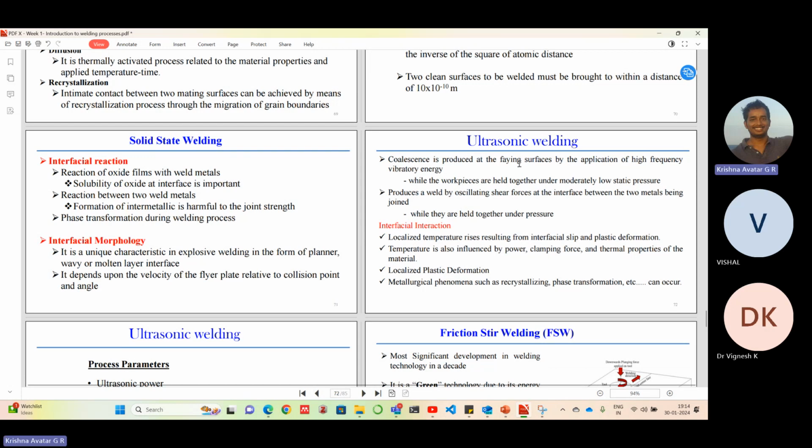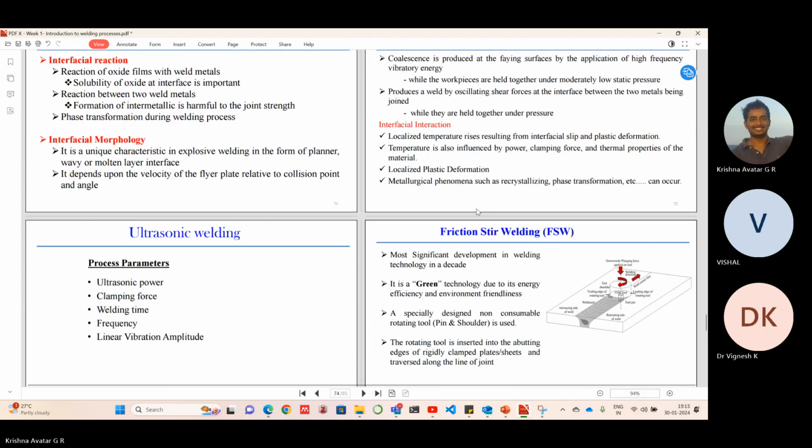In ultrasonic welding, collision is produced at the faying surfaces by the application of high frequency vibratory energy, and this takes place while the workpieces are held together under moderately low static pressure. It can produce a weld by oscillating shear forces at the interface between the two metals being joined, while they are held together under pressure.